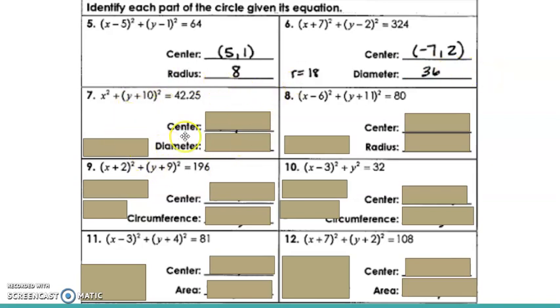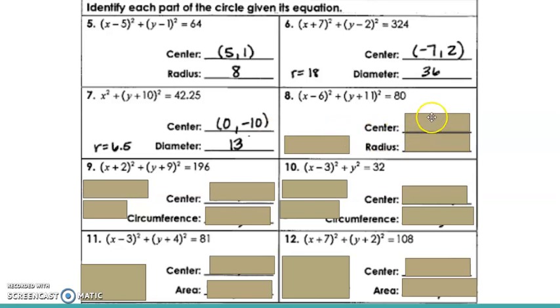The same thing is going to happen for number 7. Remember, for our center, if there's no number written with our x or our y, then it's just going to be 0. So (0, -10) is my center. And I want my diameter. So we're going to square root 42.25, and that's going to give us a radius of 6.5. When I multiply that by 2, my diameter is 13.